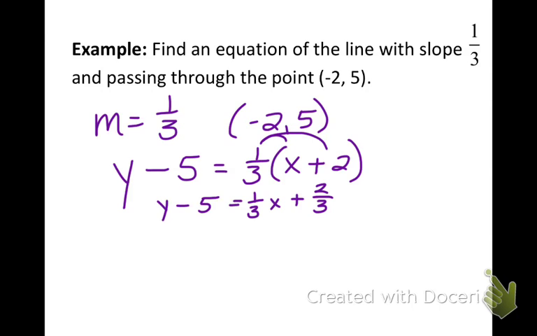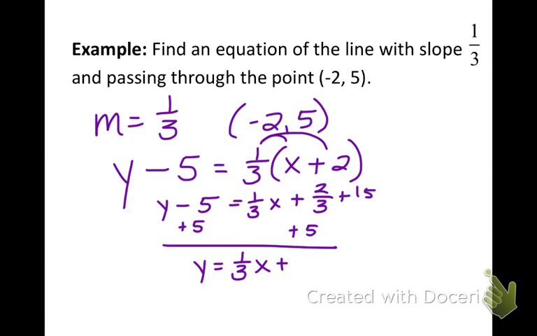Still not there yet because I have a minus 5 attached to my y. So I'm going to add 5 to both sides, which gets me y equals 1/3 x plus, so 5 is the same as 15/3, so that would be what, 17/3? Okay, so now I'm in slope intercept form.